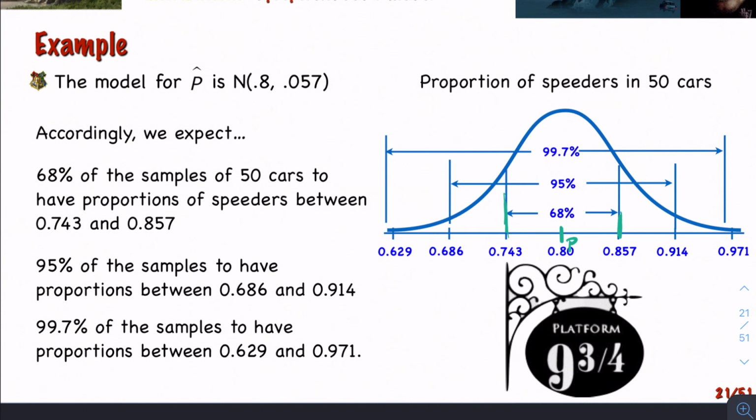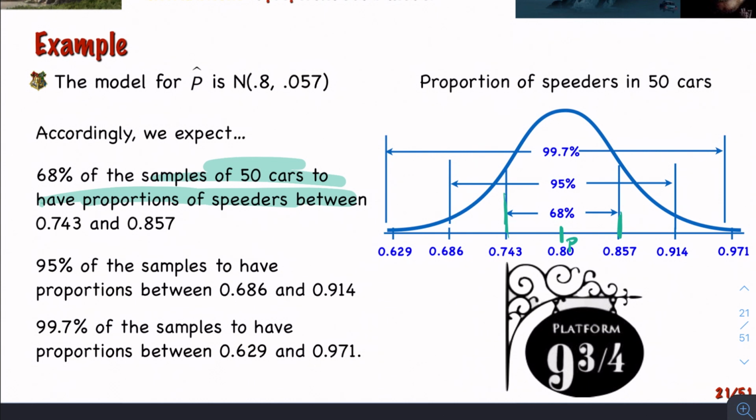So accordingly, 68% of the samples of 50 cars have proportions of speeders between 0.743 and 0.857. So we could grab a sample of 50, and we would expect to be within one standard deviation if 75% of those cars were speeding, or up to 85%.